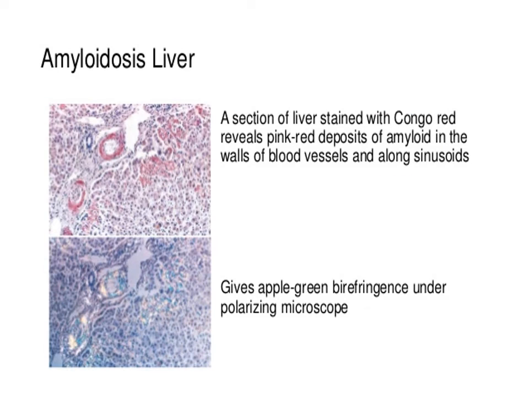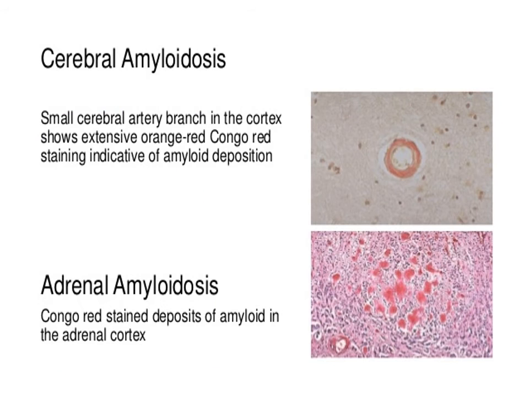Amyloidosis of liver. A section of liver, as we had seen before in the previous diagram, stained with Congo red, reveals pink-red deposits of amyloid in the walls of blood vessels and around sinusoids, and under polarized microscope this gives apple green birefringence. Cerebral amyloidosis.